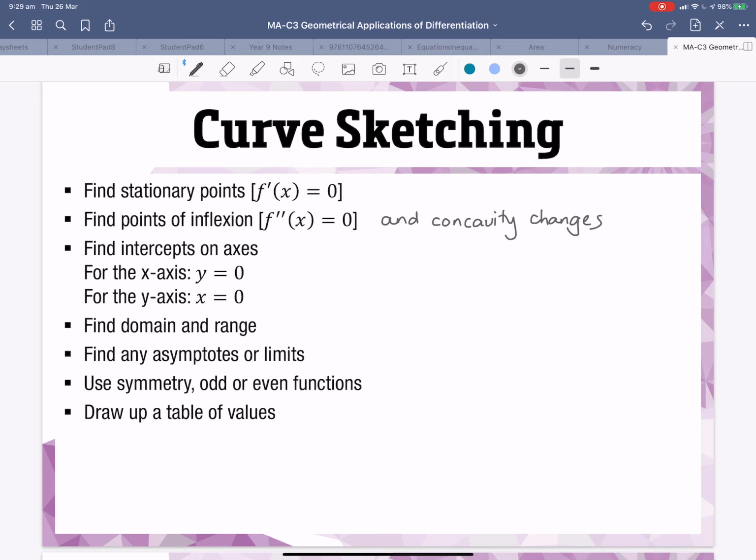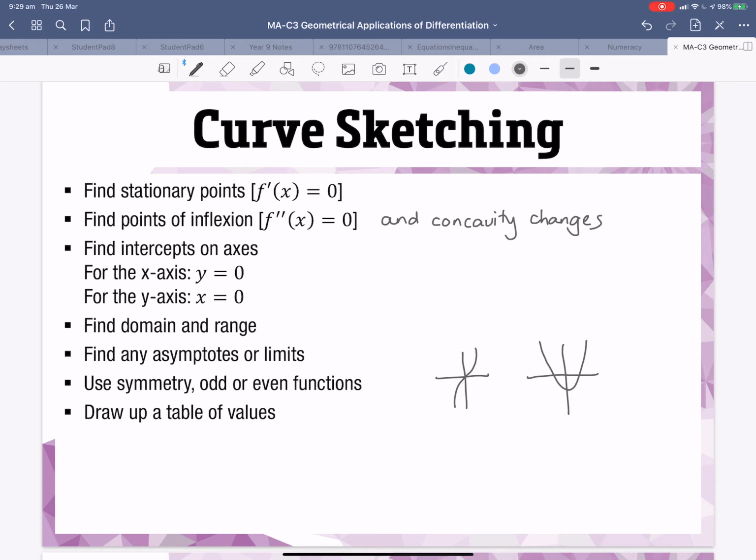So oddness would be something like y equals x cubed, which has rotational symmetry. Evenness. So say y equals x squared minus 3 would be an even function. So we've got that axis of symmetry there. And we can still do that table of values.